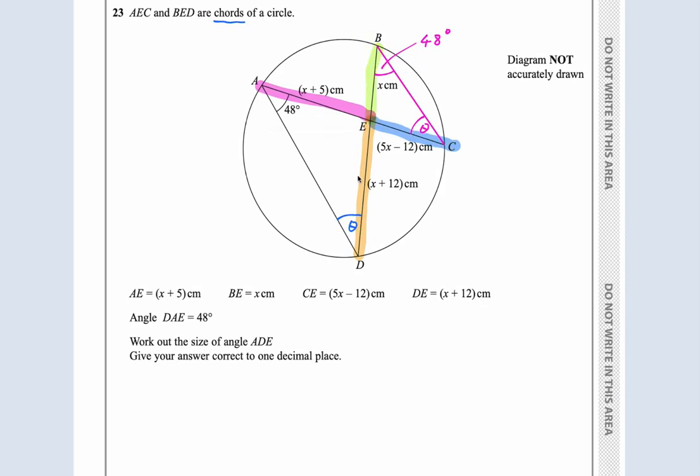That's what the intersecting chord theorem is. This times this equals this times this. So I can go to x plus 12 times x is equal to x plus 5 times 5x minus 12. Sorry, that's x plus 12, not 2.